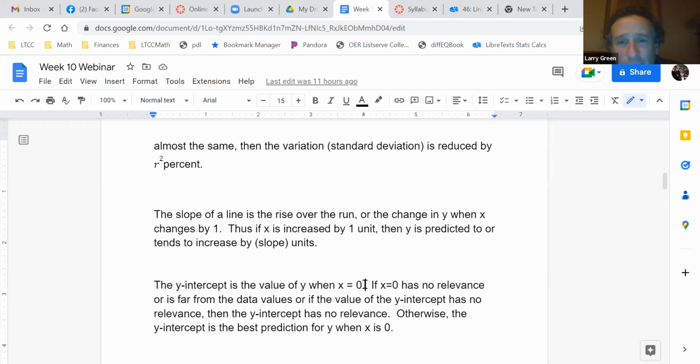Okay, it's not because the y-intercept is low, actually. It's right here: x equals 0. I told you age of college students. So that would give you a prediction for a 0-year-old college student. How many college students are newborns, less than a day old?